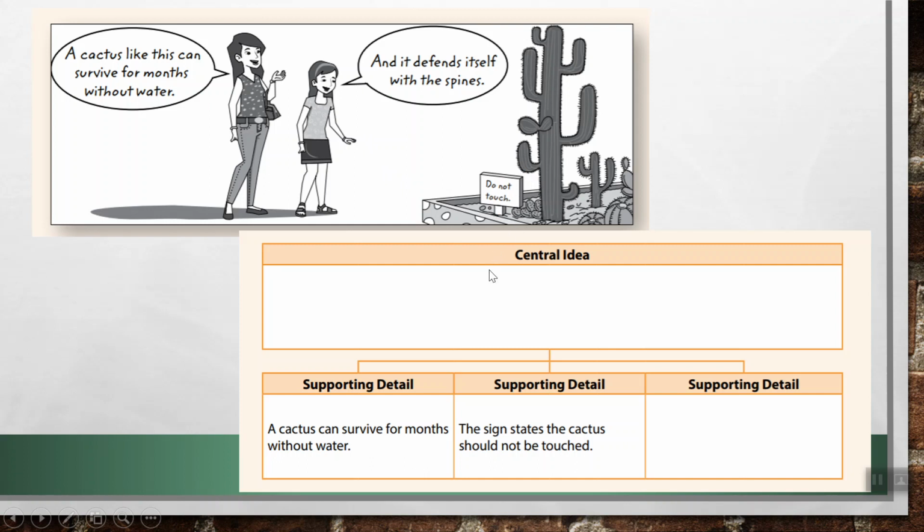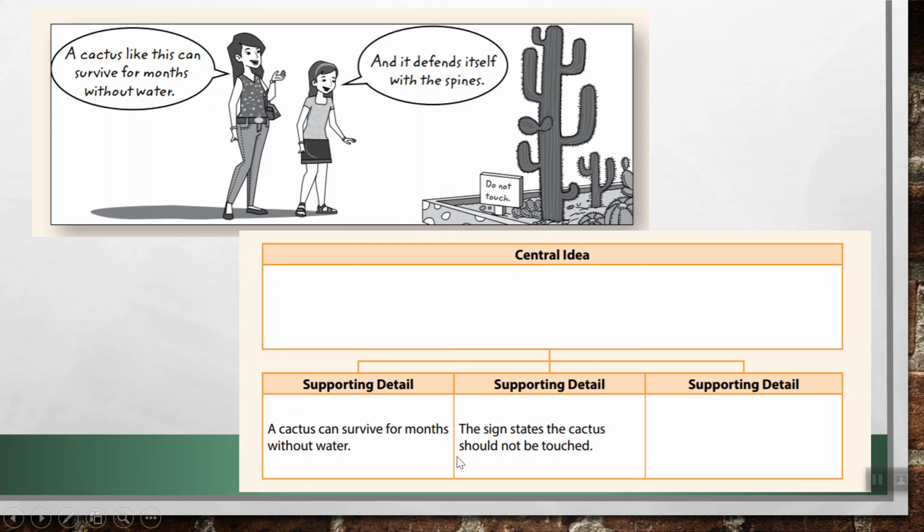We want to take a look at the supporting details in the picture to help us come up with a central idea as to why the illustrator may have drawn this picture. One of the details in the picture is that she says a cactus can live for months without water. That helps us better understand information about the cactus.